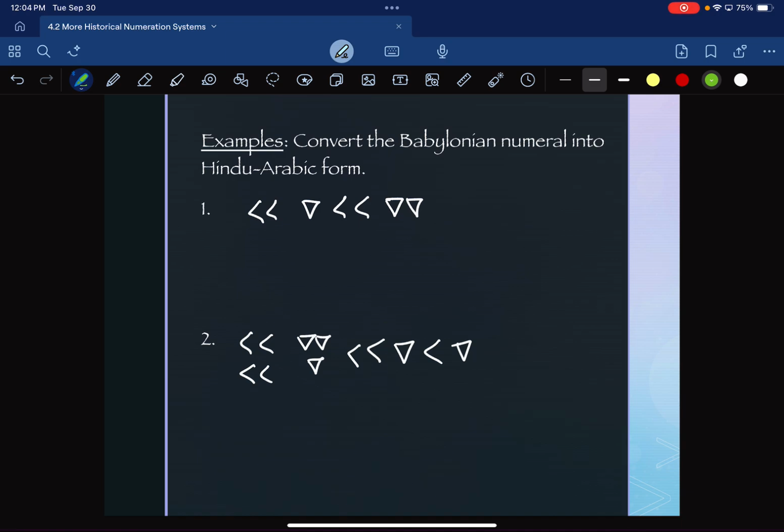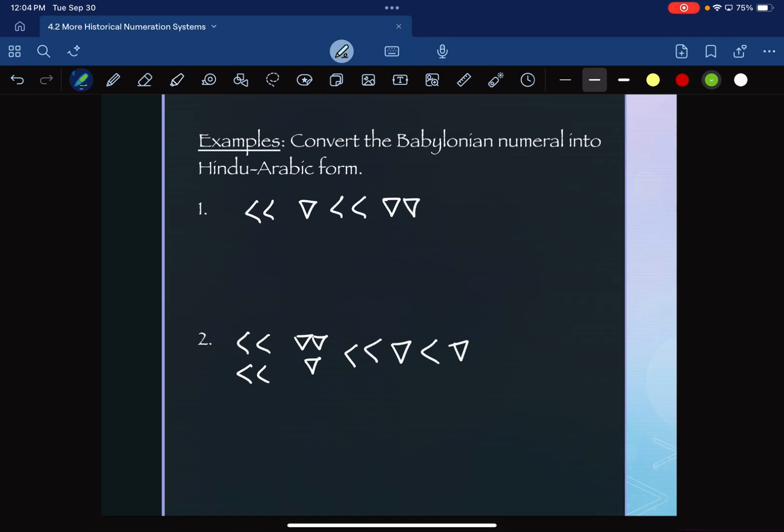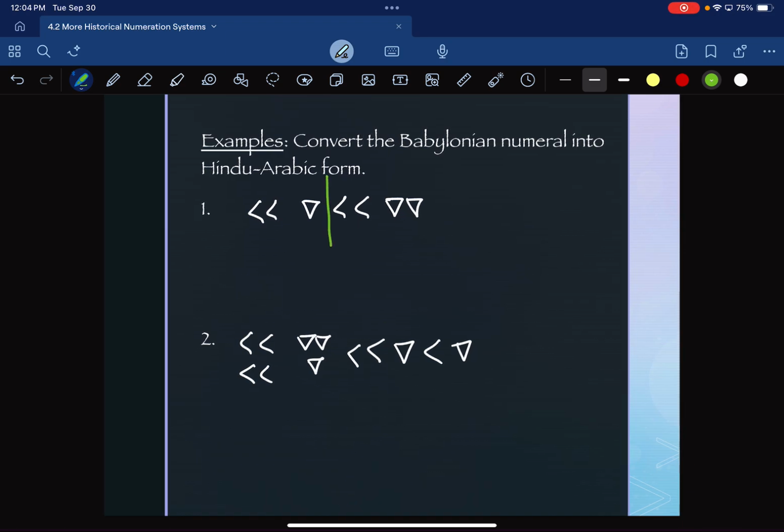So with the Babylonians, they always put the bigger symbol before the smaller symbol. So right here, when we have a smaller symbol, the triangle, turning into the bigger symbol, the less than sign, that breaks the place value. It has to. The bigger values can come before smaller values, but you can't have smaller values before bigger values within the place value. So anytime you see triangle, arrow, the place value changes.